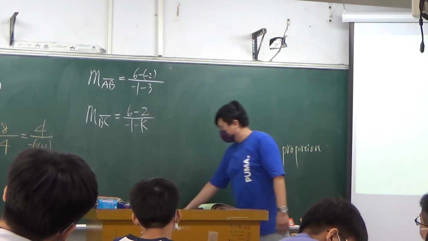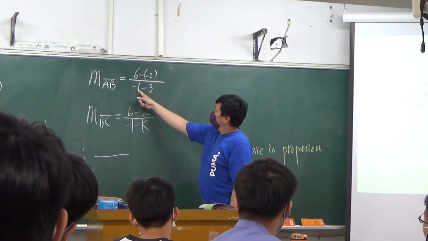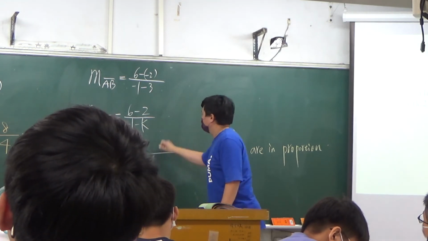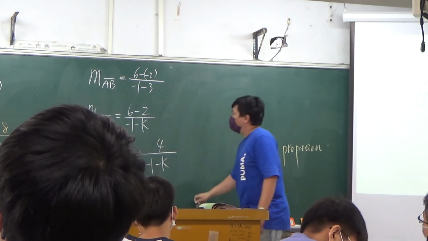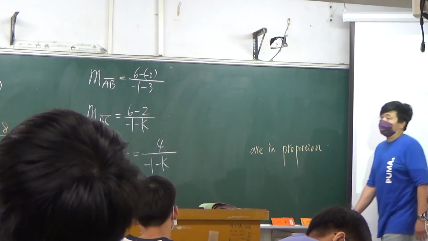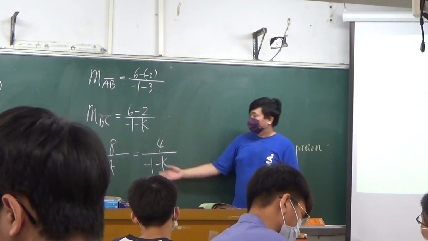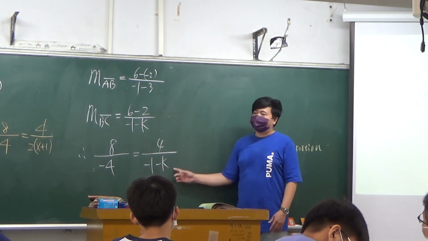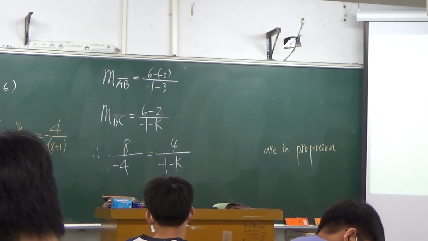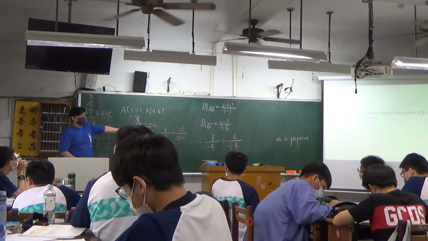So this is -4, this is 8, equal to 4 over (-1 minus k). Then we can solve for k. Any question? So we can get the answer.